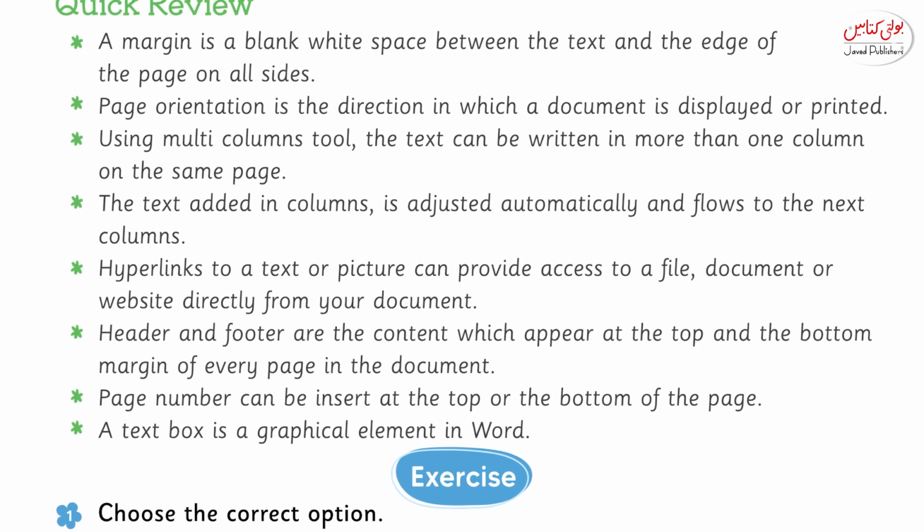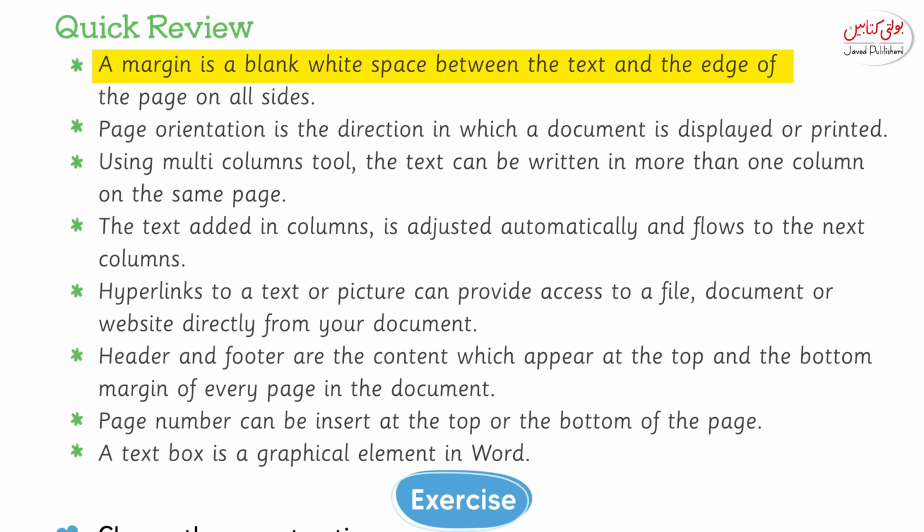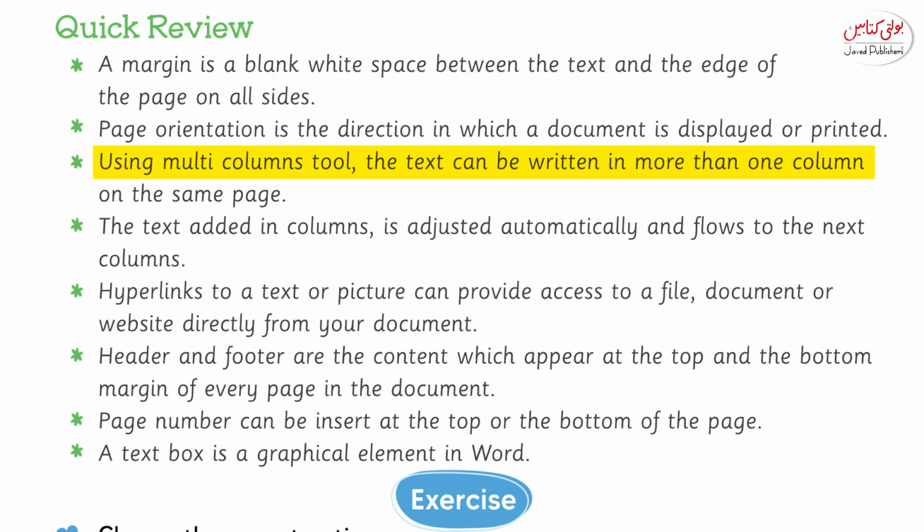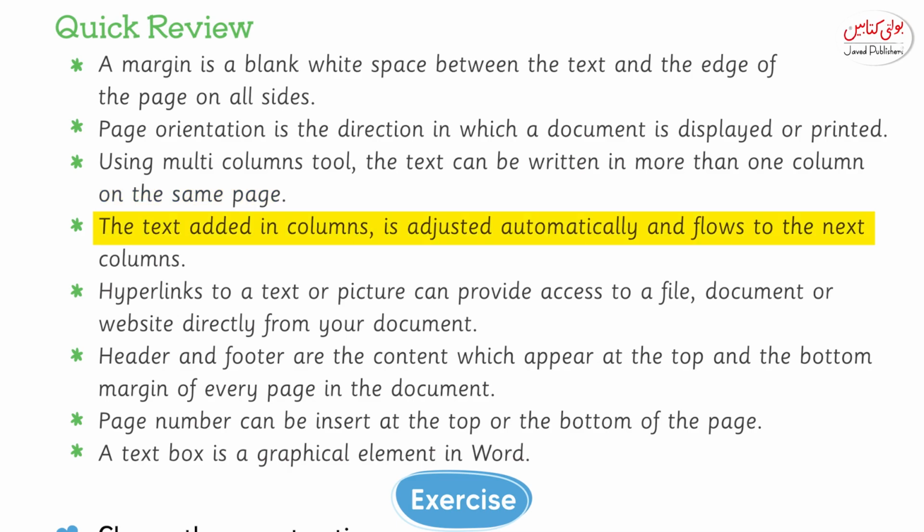A page margin is a blank white space between the text and the edge of the page on all sides. Page orientation is the direction in which a document is displayed or printed. Using the multi-columns tool, the text can be written in more than one column on the same page. The text added in columns is adjusted automatically and flows to the next column.